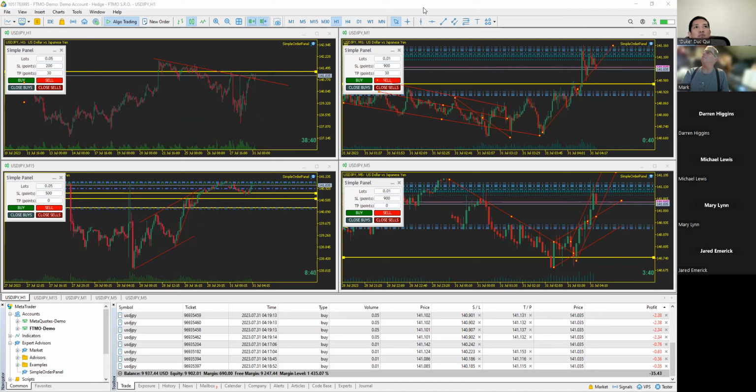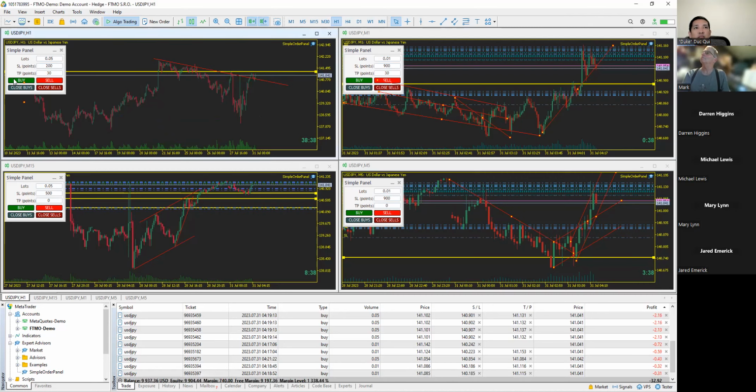So there it is. It pulls back deeper, and now I add back more buys. So I have to pay for the top buys. And it hasn't pulled back even to 50%.